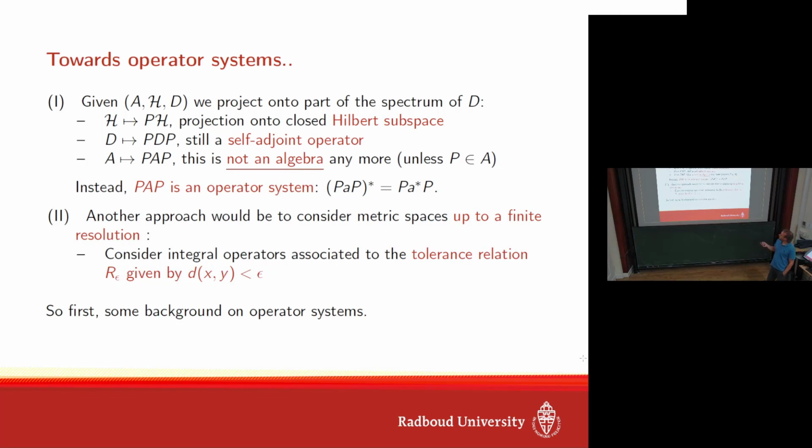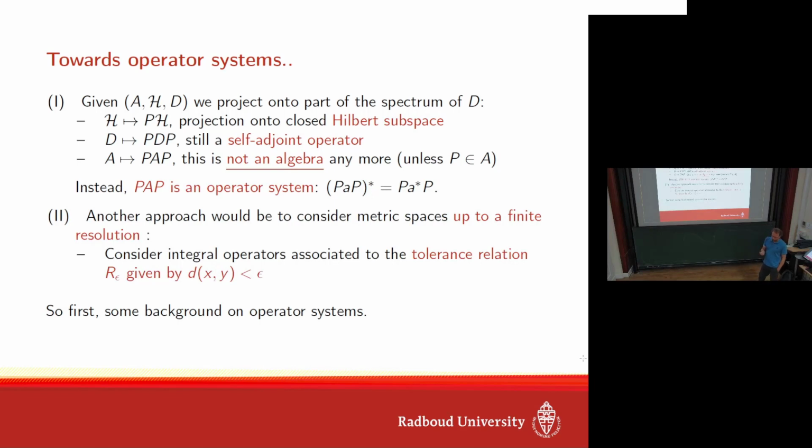And the algebra, if you want that to act, then you find there is some issue, because it will typically end outside of PH, unless PH is an A-module, but that's very unnatural. So if you try to force your algebra to act on this closed subspace PH, so you compress it with P, then that's not an algebra anymore. PAP is just what it is. If you take multiples of that, then you will not end in PAP.